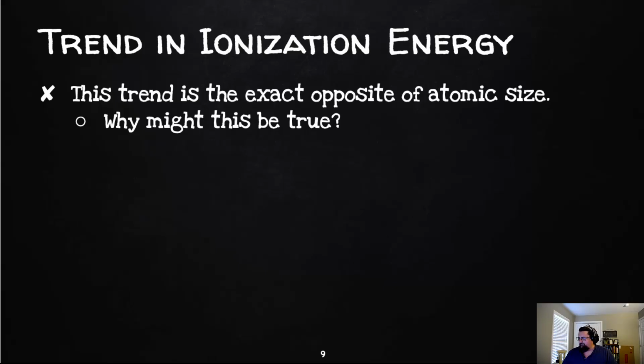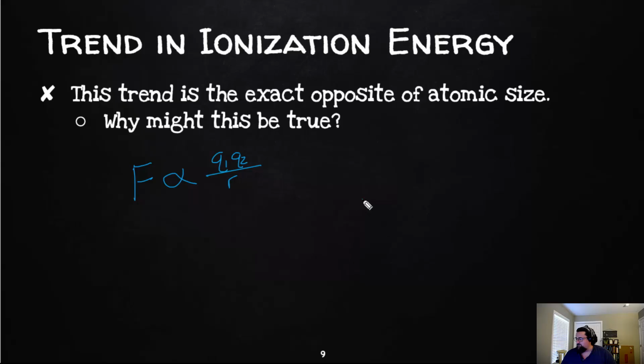We have our Coulomb's law, where force is proportional to Q1, the charge of one, times Q2, the charge of the other, divided by R. And so if the charges remain the same and that R is getting bigger, the force is smaller and it's easier.